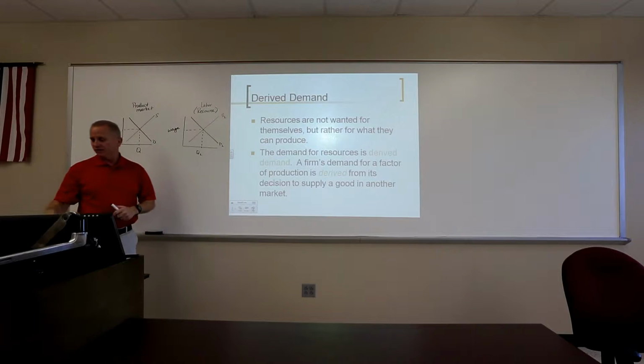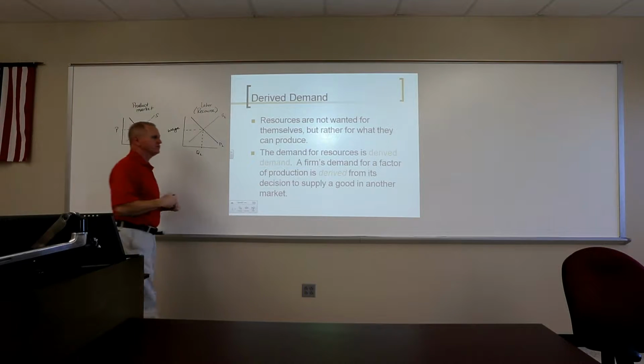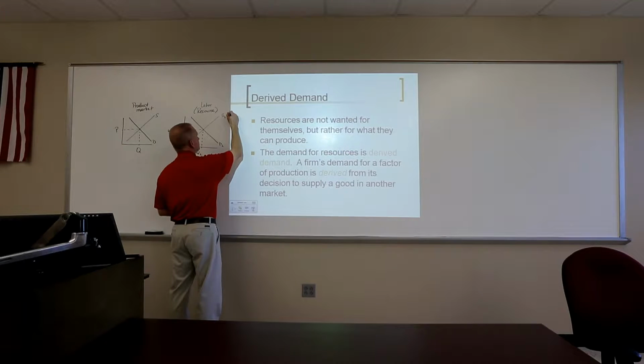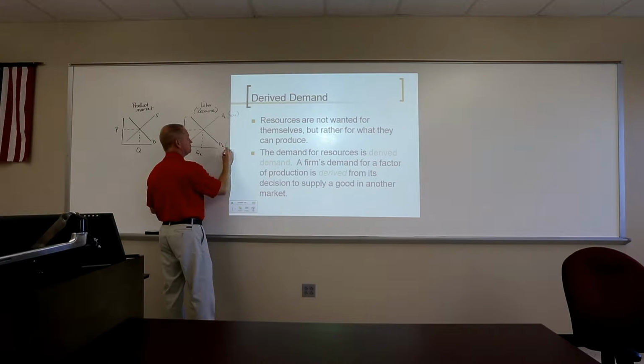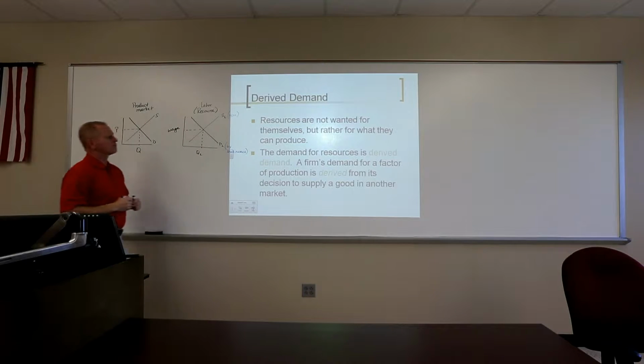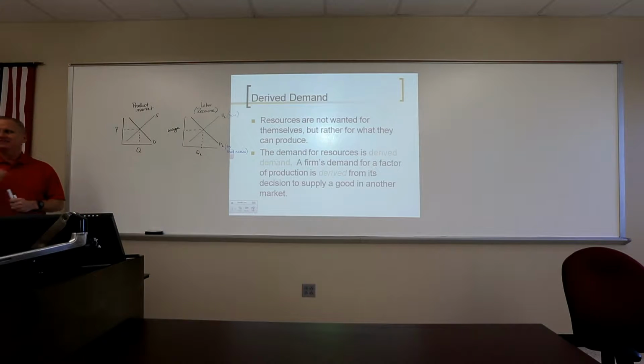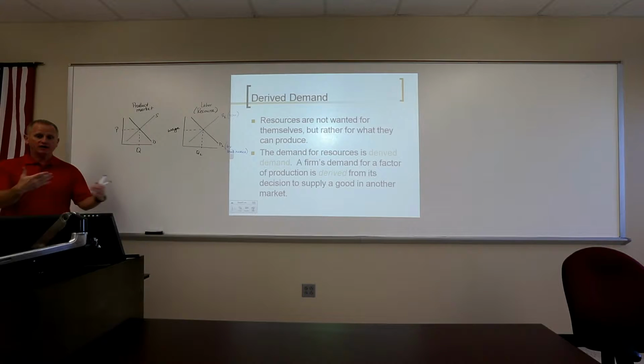Now the supply of labor, and this is where students get a little bit confused, the supply of labor is you. The demand for labor is by businesses. Businesses demand it. They want it. They desire to hire people. But you provide it. So there's where the interaction comes from.